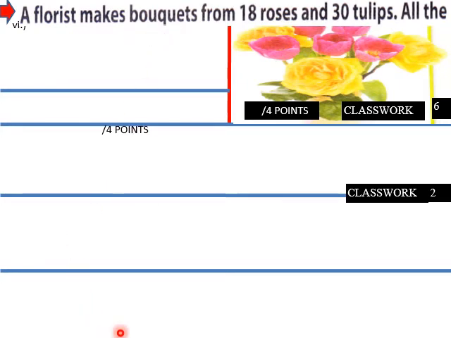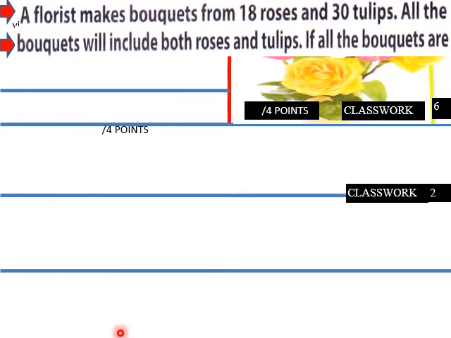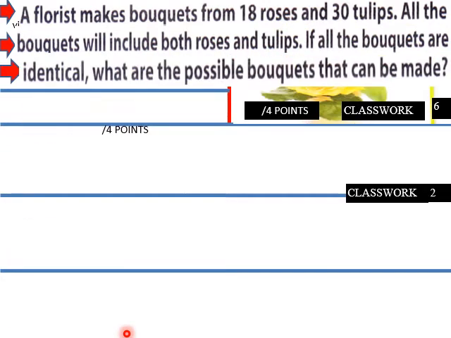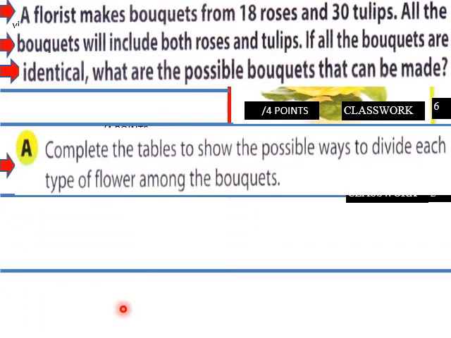A florist makes bouquets from 18 roses and 30 tulips. All the bouquets will include both roses and tulips. If all the bouquets are identical, what are the possible bouquets that can be made? If all bouquets are identical, meaning they have the same number of roses and tulips in each bouquet.